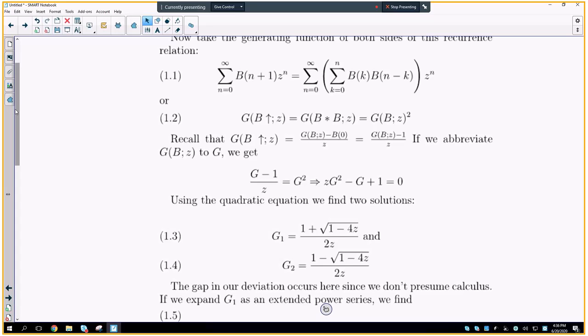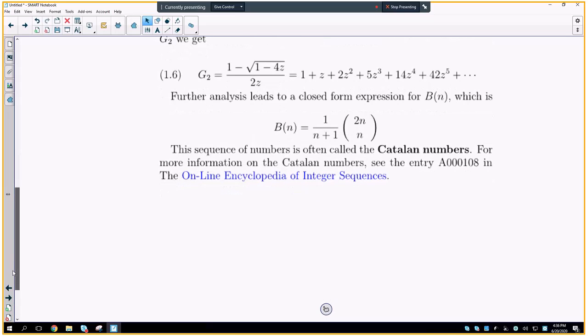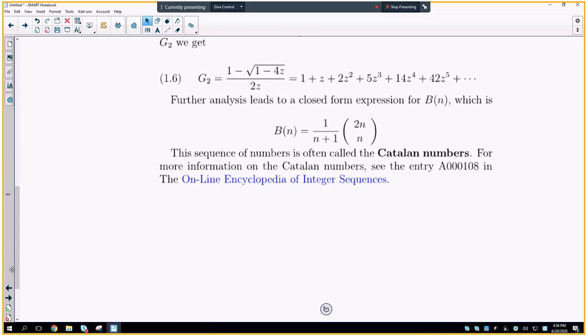So I have given you the work, and I'm going to skip that work and just tell you the final result. It turns out, after a lot of calculation, that the closed expression for the number of binary trees with n vertices, Bn, is given by 1 over n plus 1 times 2n choose n. This sequence of numbers is often called the Catalan numbers.